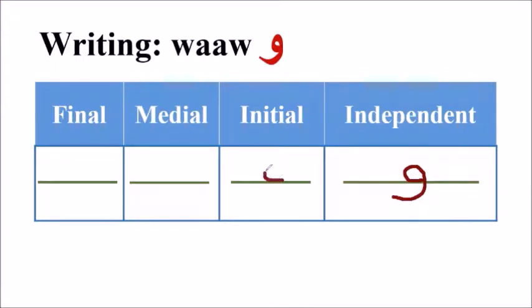Copy the example. When writing wow connected to a previous letter, the joining segment leads into the beginning point of the loop. Copy the example. Now practice writing and pronouncing the word toot.